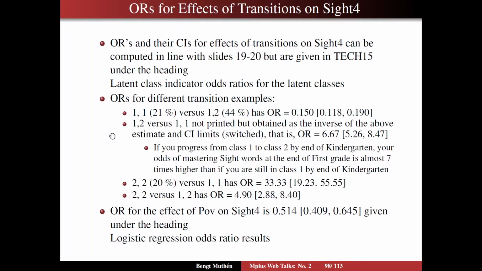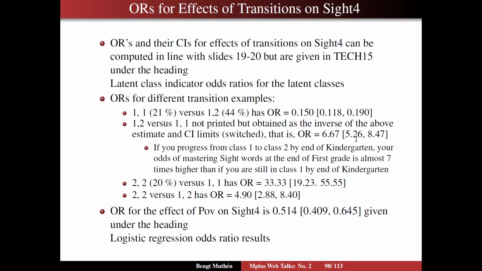And we see that. Now you may instead want to compare moving on versus staying, but that's not printed in the output. It is, however, obtained as the inverse of this odds ratio and the inverse of the limits, switching their order, and then you get odds ratio 6.67, which is greater than 1.